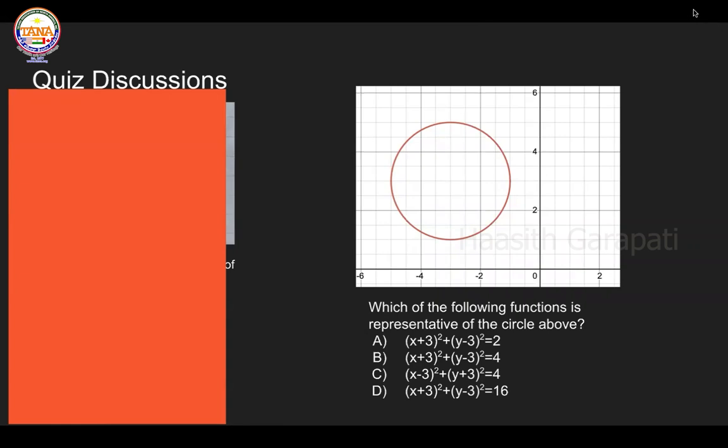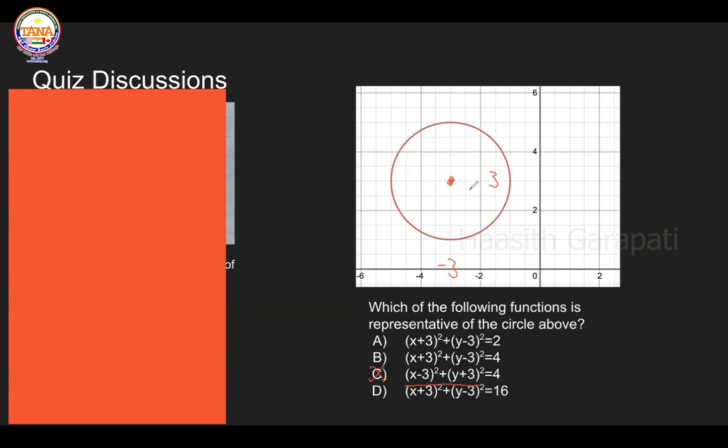All right, so for the first question, which of the following functions is representative of the circle above? Well, where's the origin located? It's located at -3, comma 3. So we know for sure that it definitely can't be C because it has the wrong origin values.